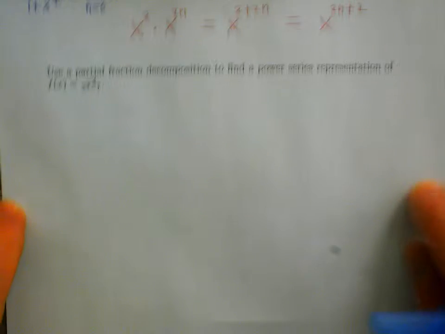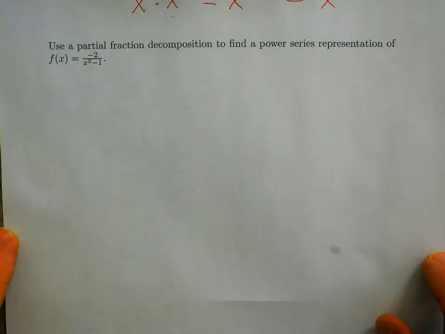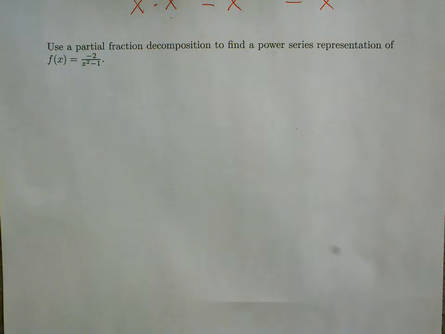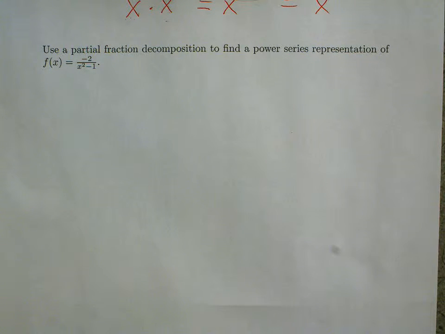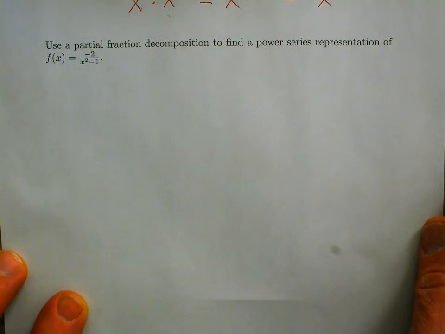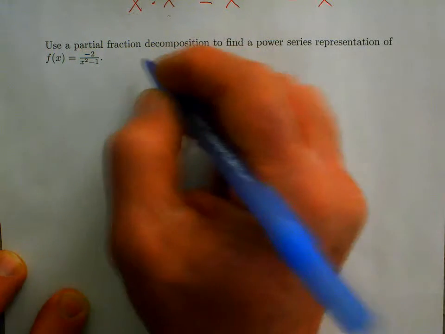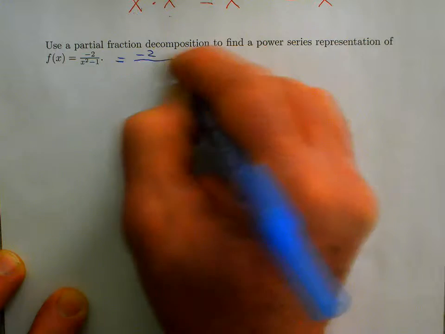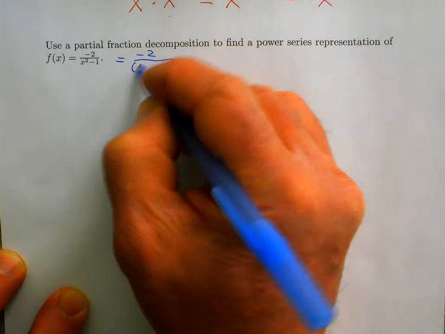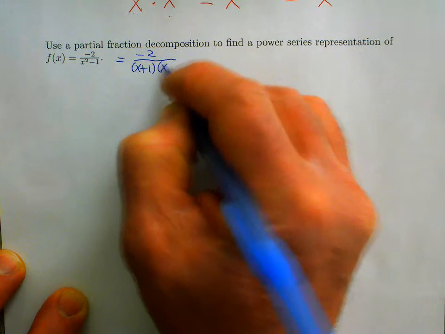Hey, the next one, use a partial fraction decomposition to find a power series representation for f of x equals negative 2 over x squared minus 1. Okay, negative 2 over x squared minus 1, this is negative 2 over x plus 1 times x minus 1.